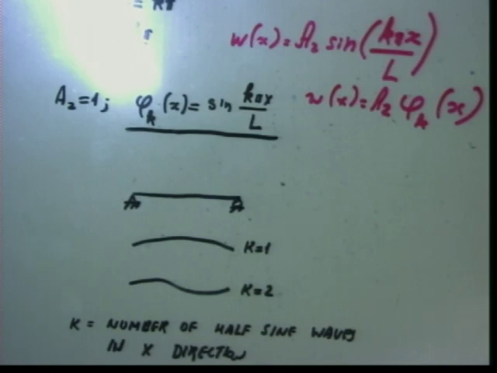That is the first mode shape. Now, the second mode shape is 2/2 sine waves. So what is k?